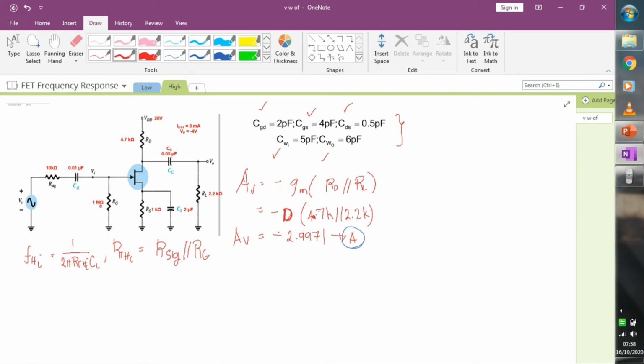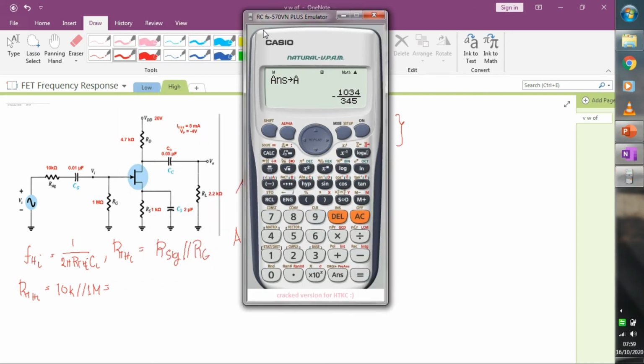So this one and this one will just be in parallel. So RTHI is equal to 10K parallel with 1 mega. So let's see how much is that. 10 times inverse plus 1 times 6 hands inverse. That is equal to 9.9 kilo ohms. So store ko siya kay B.